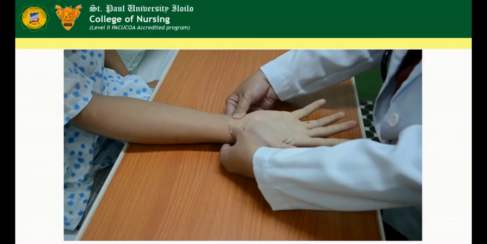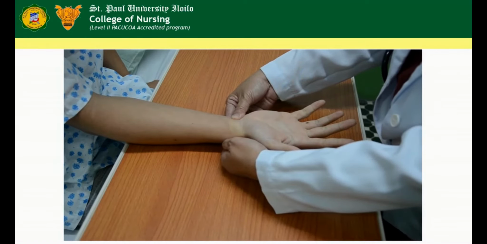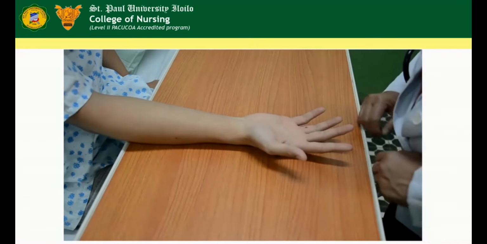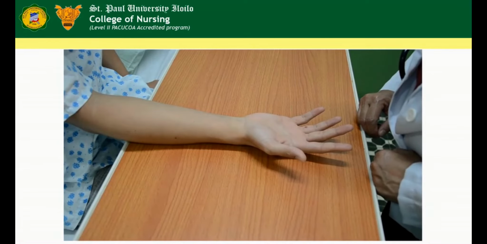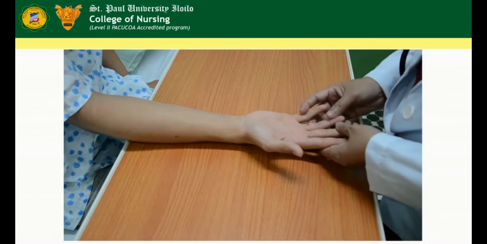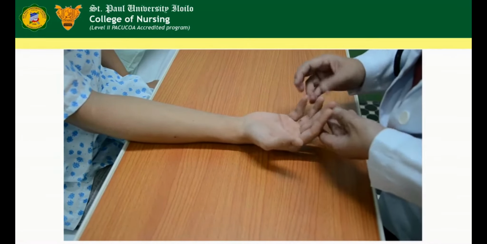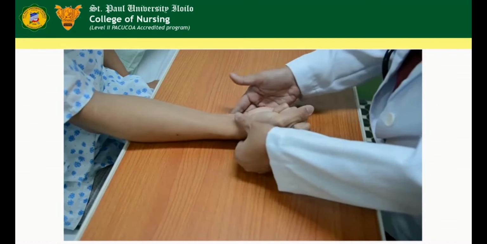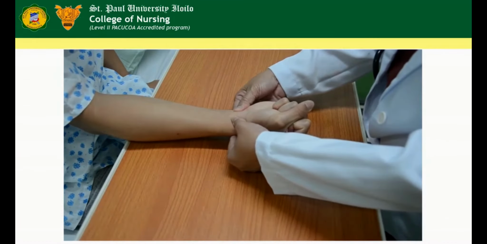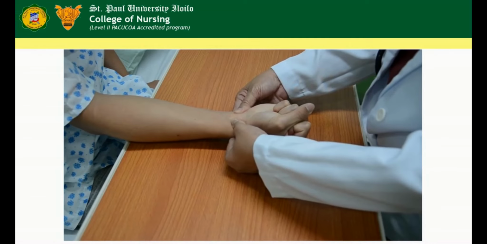First, release the pressure over the radial. Repeat releasing the other artery, the ulnar artery. Okay, sir, kindly make a fist. And then, kindly open your palm.